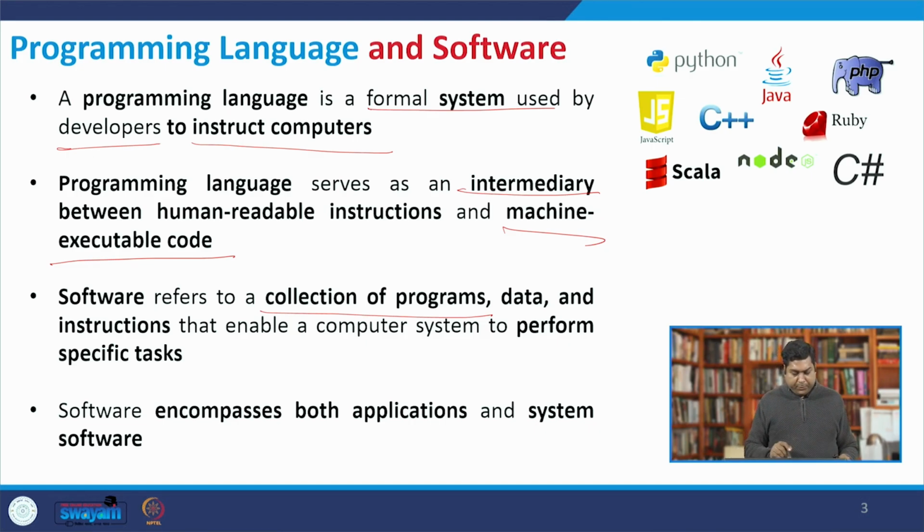Now, in the software, all these programs help with data storage, data interpretation, and the instructions that enable a computer system to perform a specific task. To draw a line in AutoCAD, we pick up the line tool, then start at a point and end at a point. We can also use the keyboard shortcut.